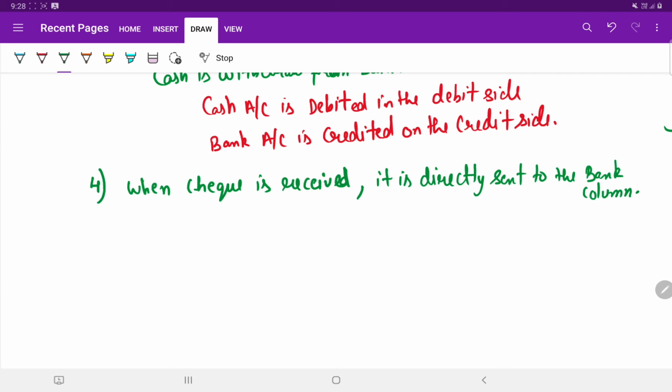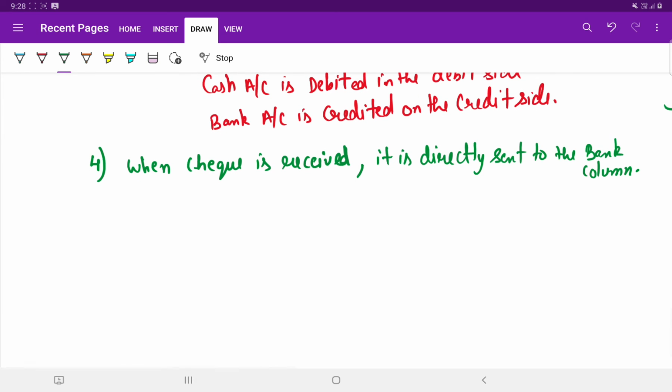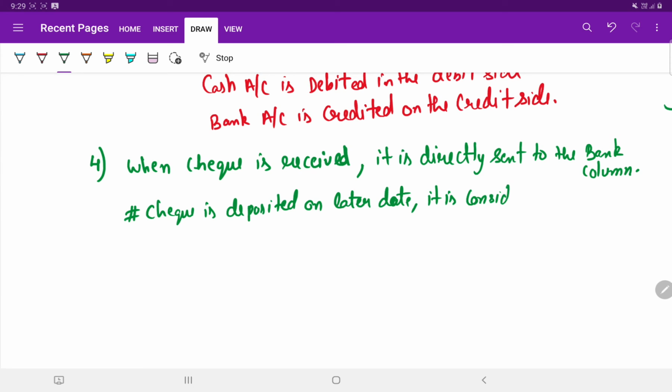But in case the check is received but the same has to be sent to the bank for deposit on a later date, then it is presumed that it is kept in a cash box and treated as cash. So if the check is deposited on a later date, it is considered as cash and recorded in the cash column.